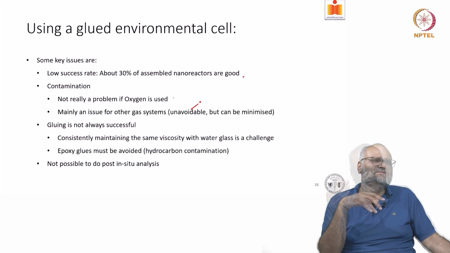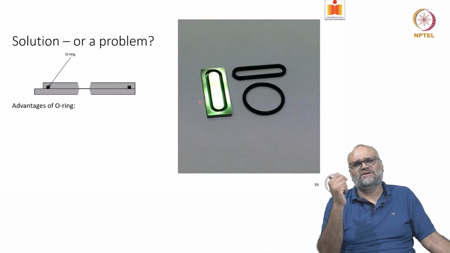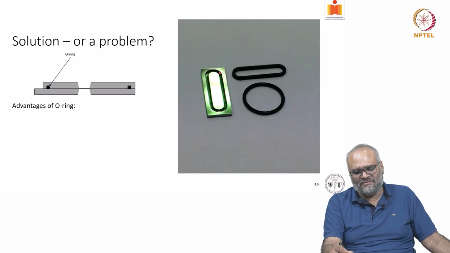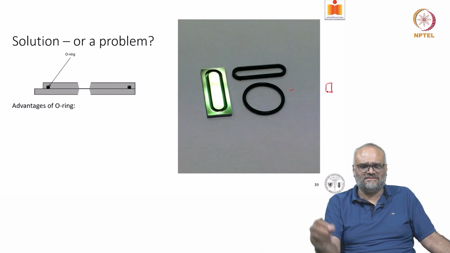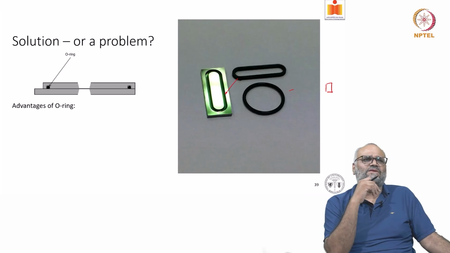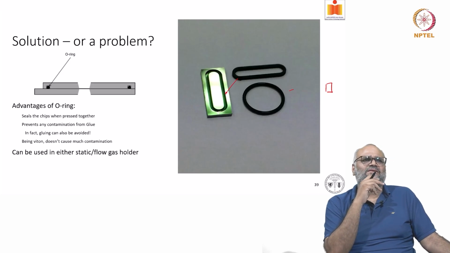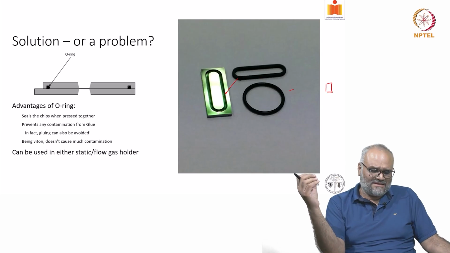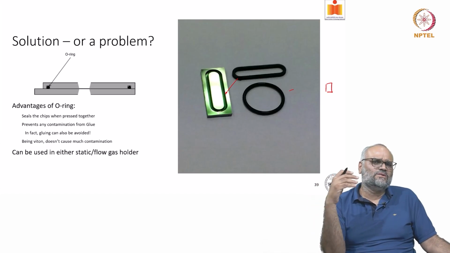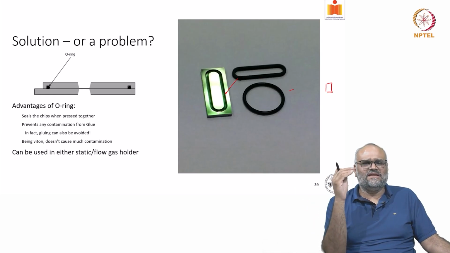The next design that we developed was in the top chip, we introduced an O-ring here, and we used an O-ring which initially appeared like this, but then we also used laser cutting to make an O-ring with a rectangular cross section, and this goes into the groove here. And when you use an O-ring, it actually seals the chips together when they're pressed, and beyond this, if you're also gluing, there is definitely no contamination from glue.